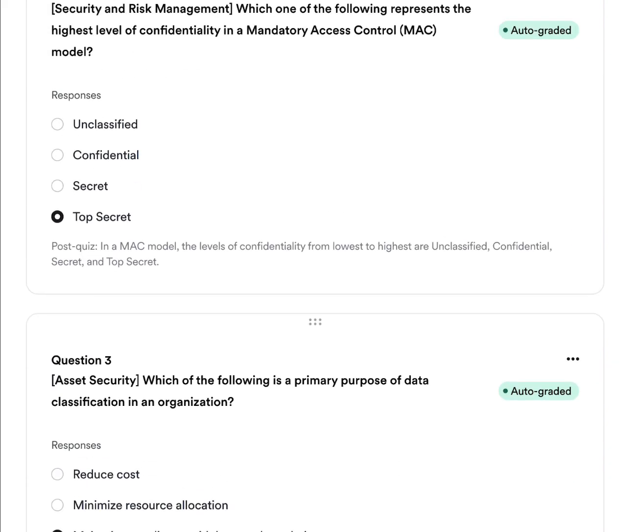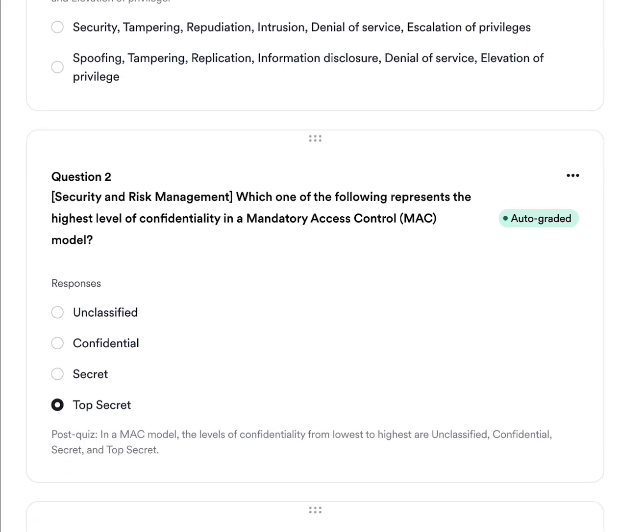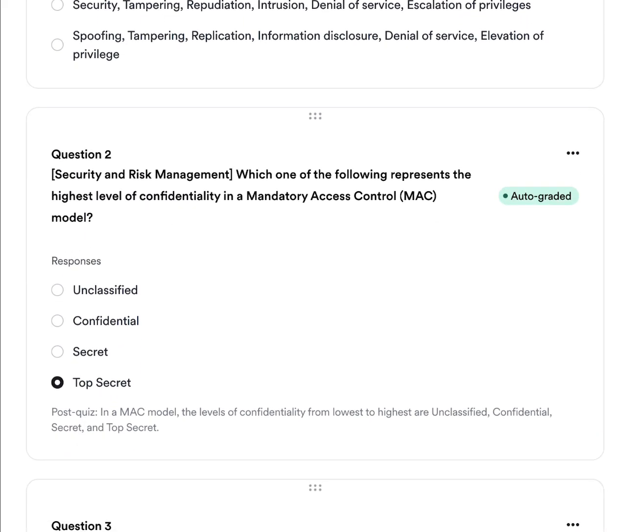All right, so then question 2, security risk management. This is that domain. Which one of the following represents the highest level of confidentiality in a mandatory access control model? Again, which of the following represents the highest level of confidentiality in a mandatory access control model? A, unclassified. B, confidential. C, secret.